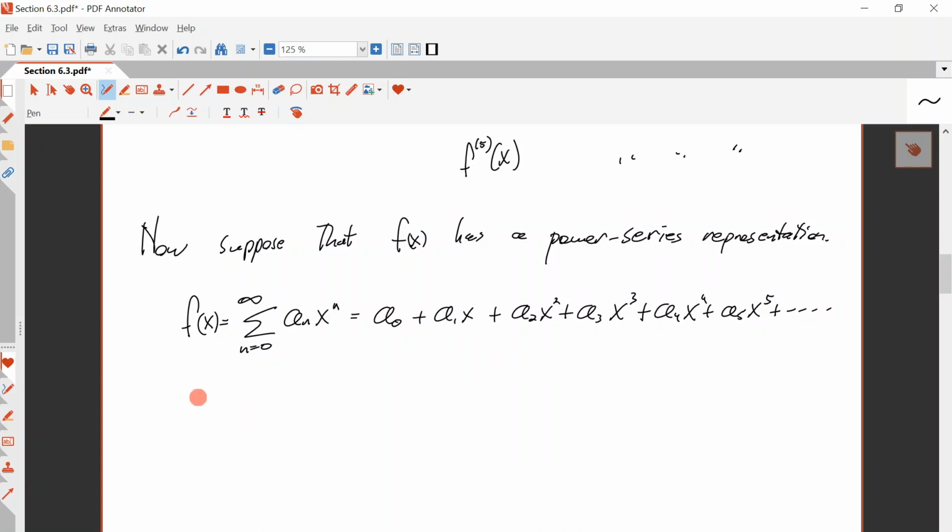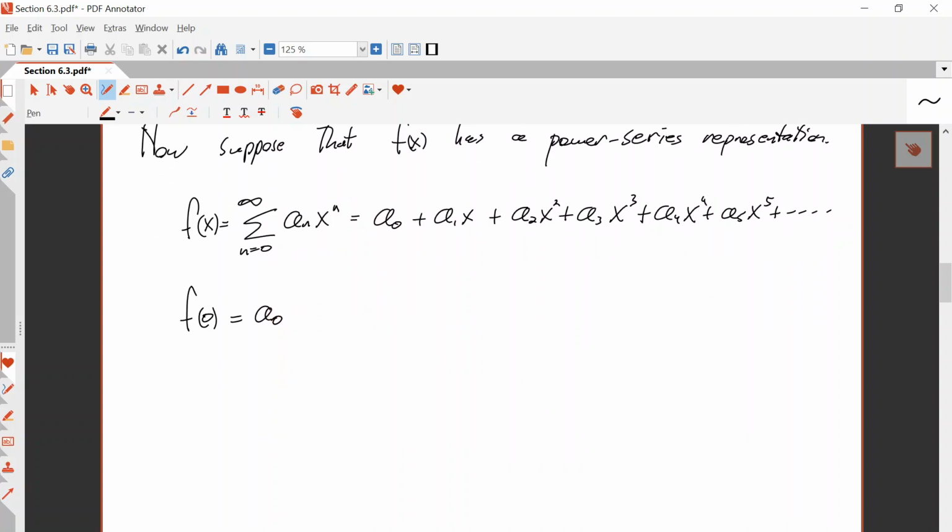Plugging in x equal to 0, all of this is 0 except for a0. Right, a0 is f of 0.